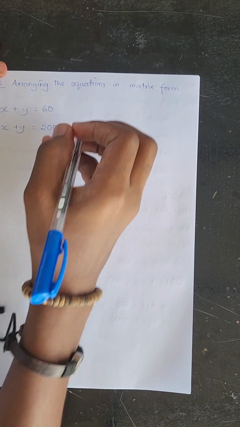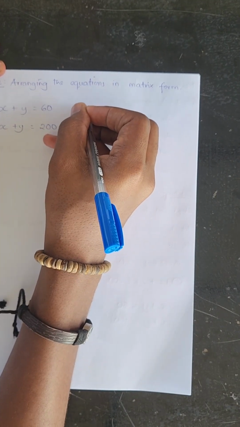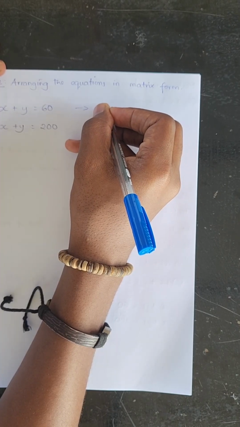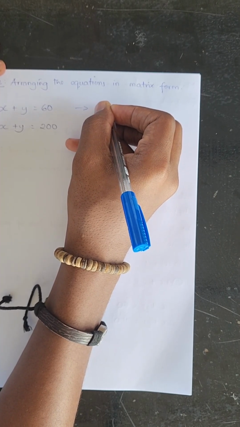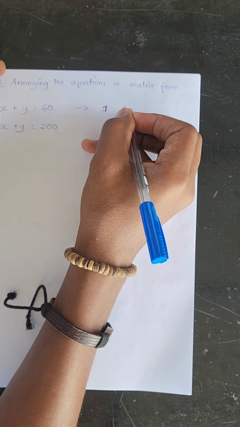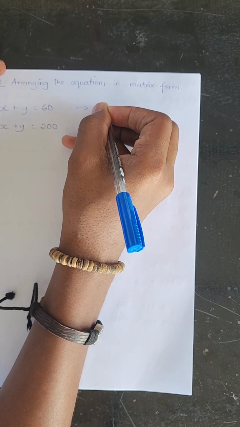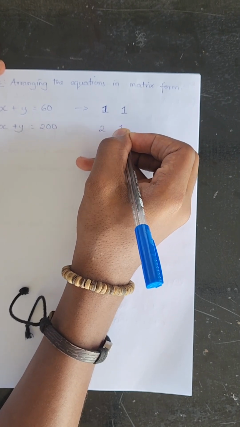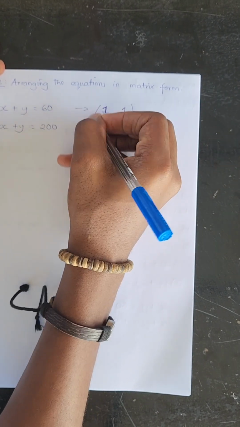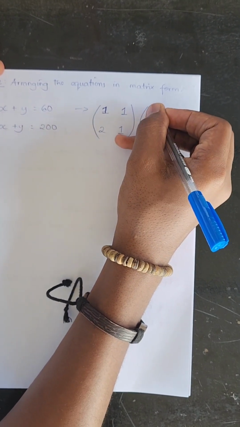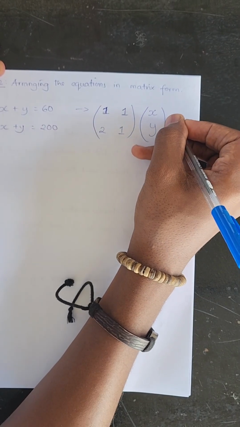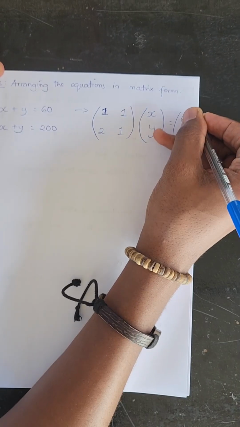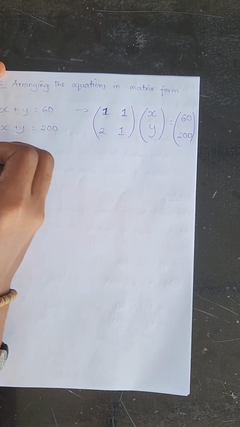Okay, into matrix form, this becomes 1, 1, 2, 1, times x, y, equals 60, 200.